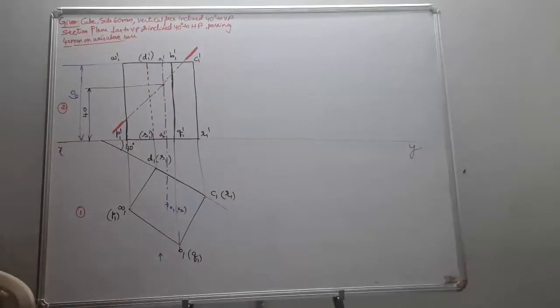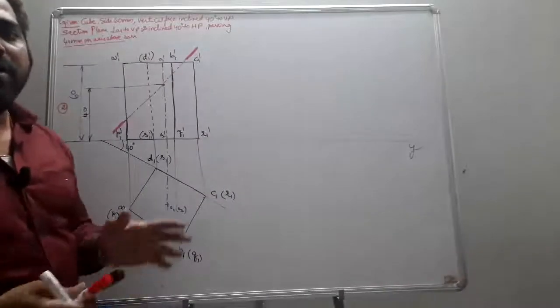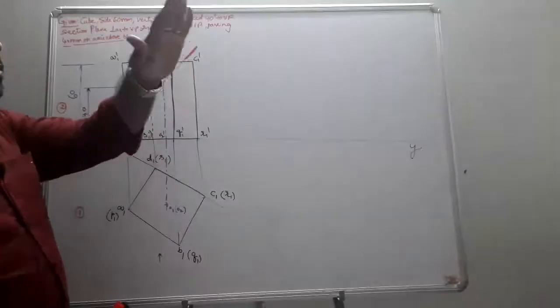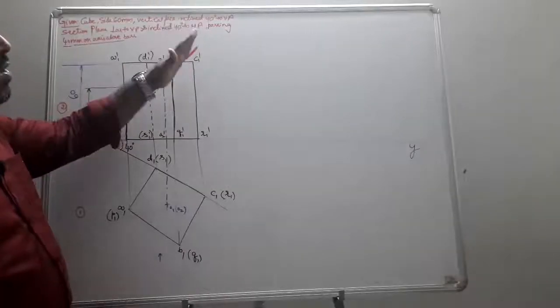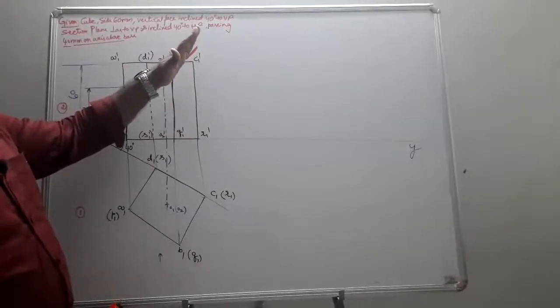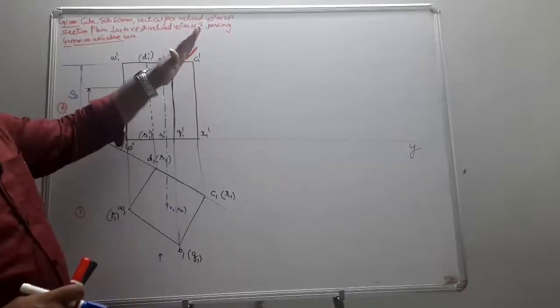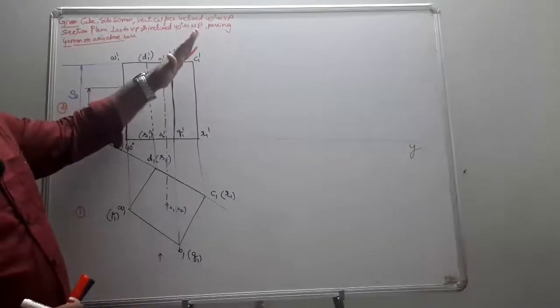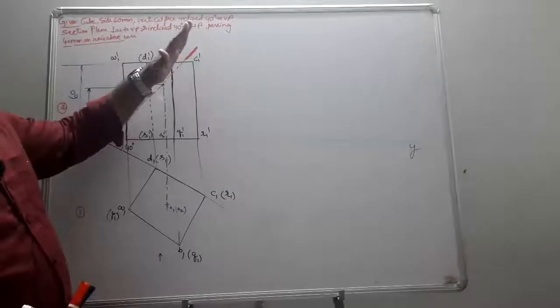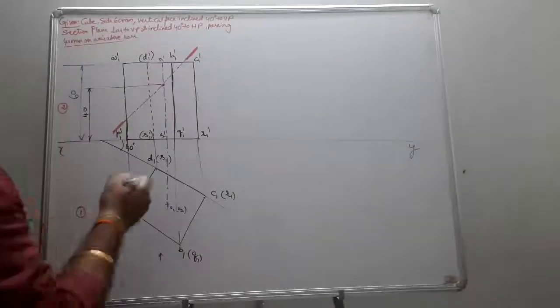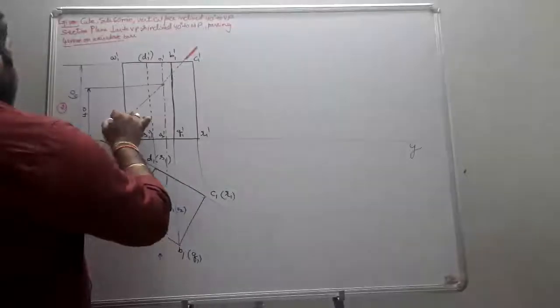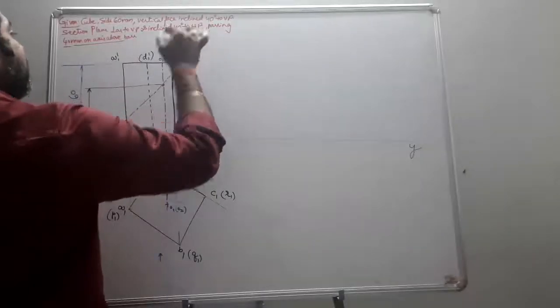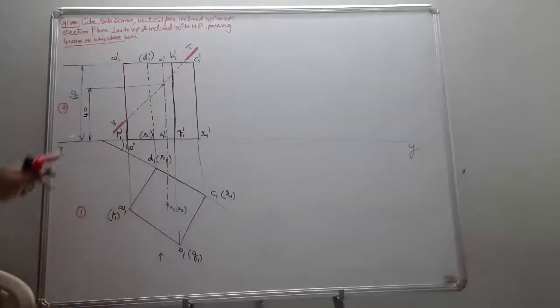Okay, and how is this cutting plane going to be represented? It should be shown by its trace. This cutting plane is perpendicular to the vertical plane, so it should look like a line from the front; that is, when it is projected it meets the vertical plane. So it becomes its vertical trace, represented by VT.